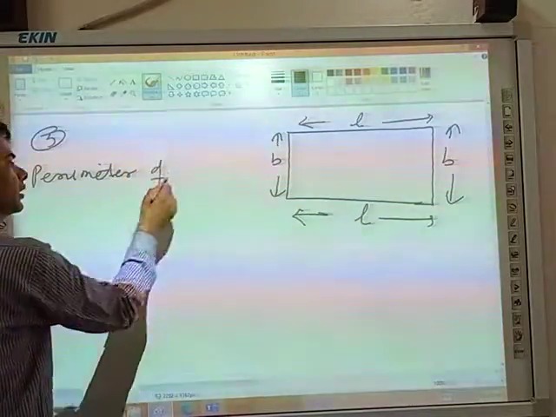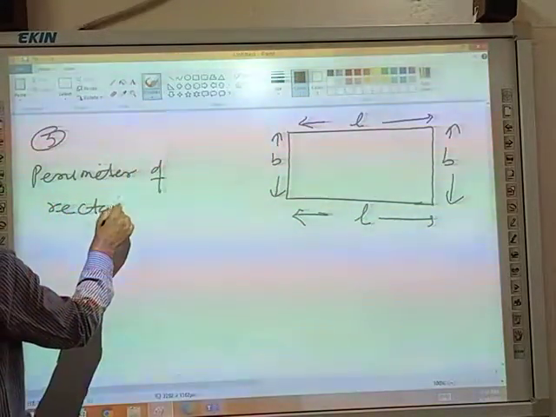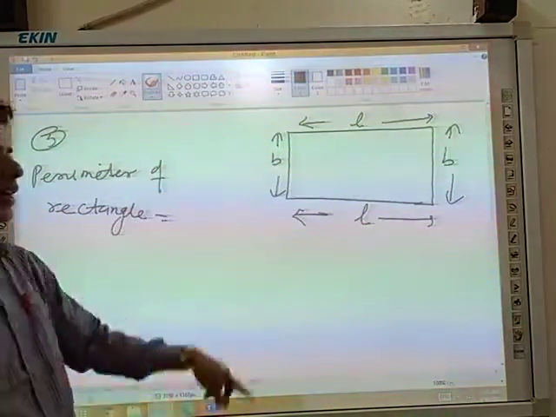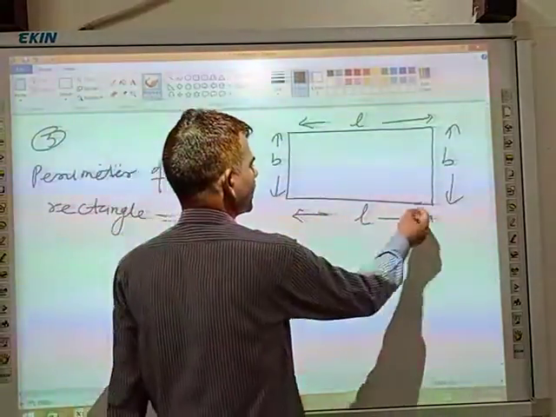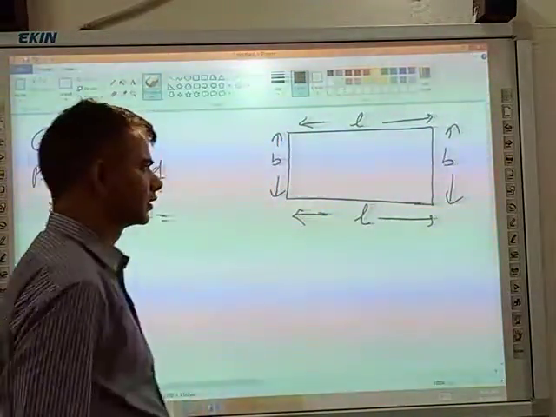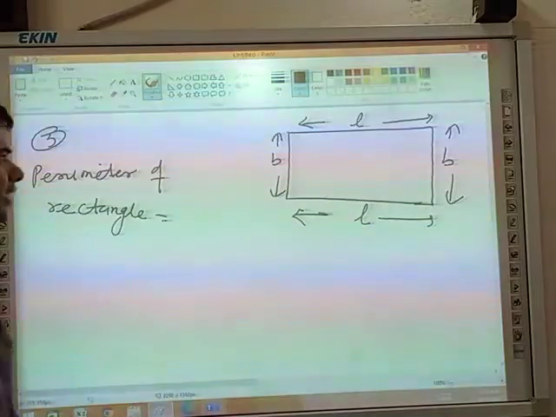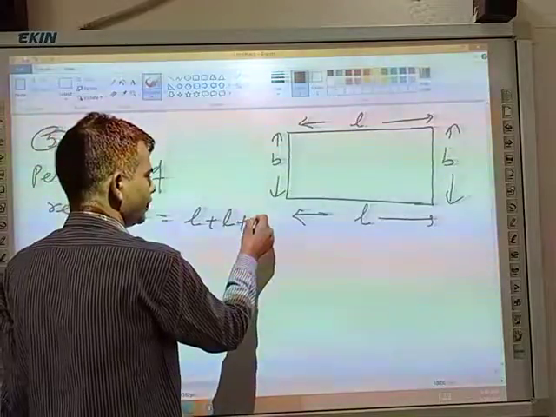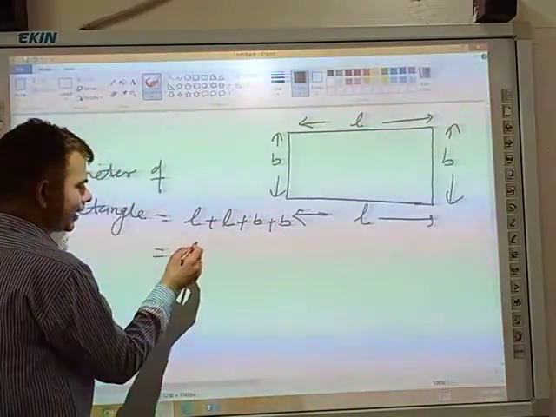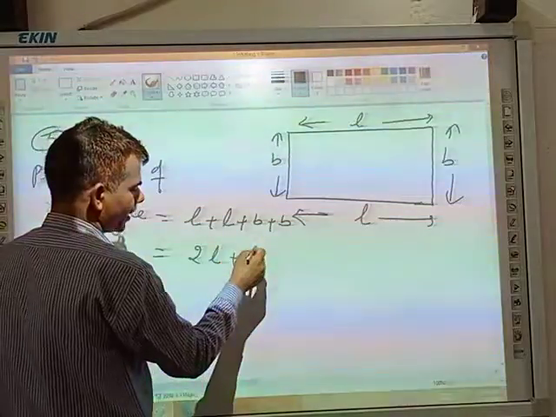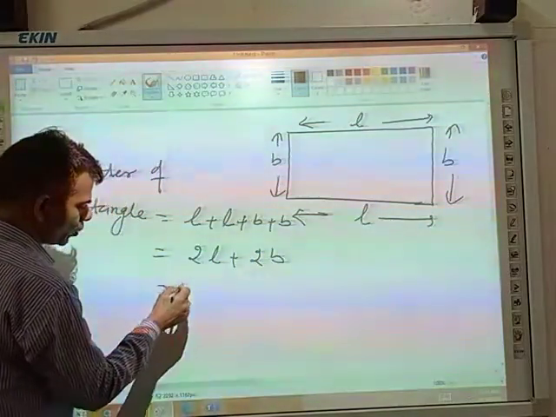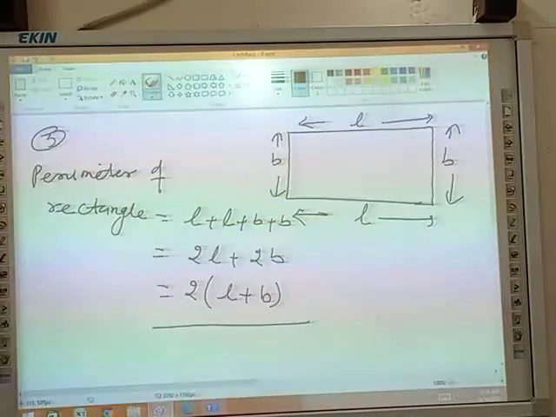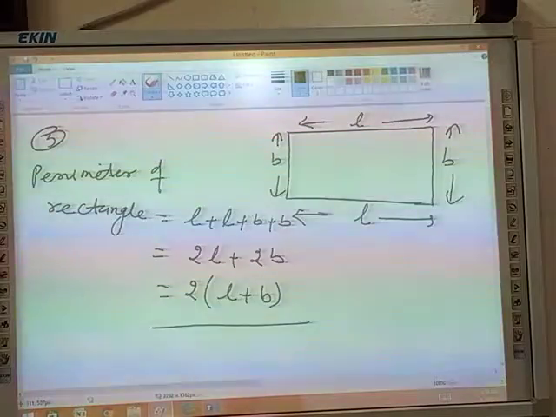Perimeter means the sum of the outer distance of the figure. L plus L is twice L, B plus B is twice B. 2 is common, so it is 2 times (L plus B). Students, it is the perimeter of a rectangle.